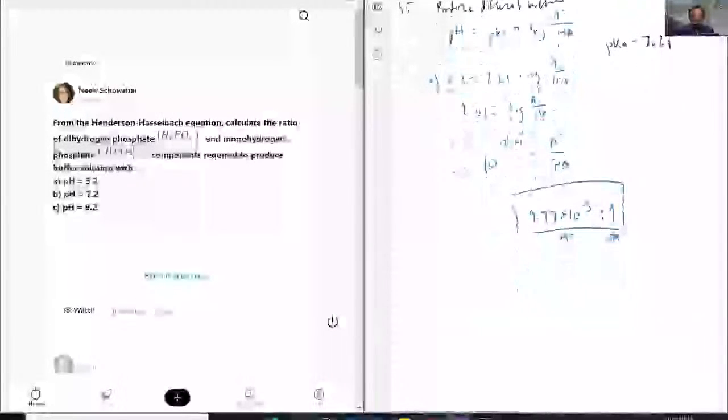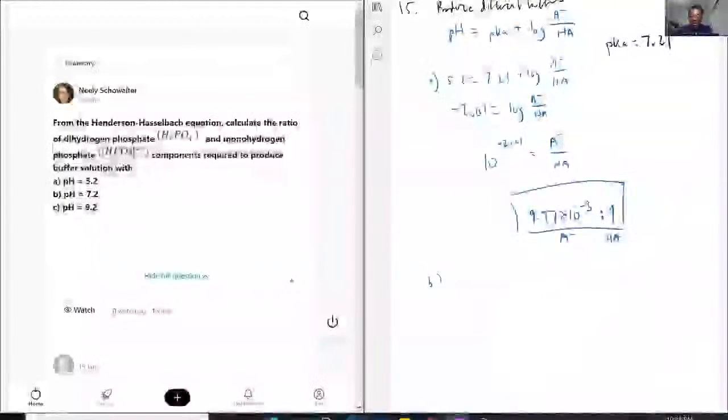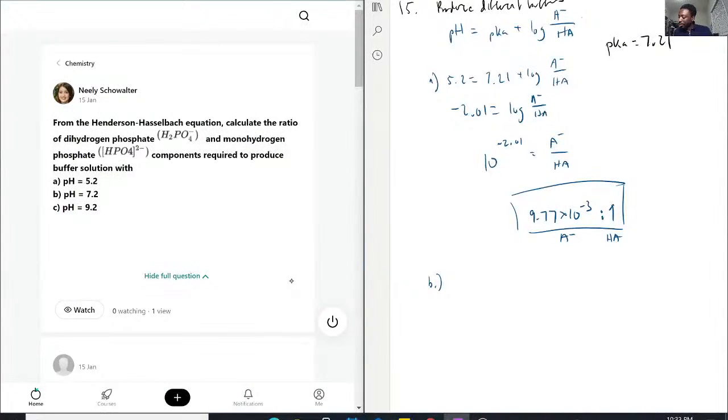So now 7.2, okay? We have B, same thing really. We can take all those steps, but in the end, 7.2 minus 7.21 gives negative 0.01. And that's the difference there, okay? And if we did 10 to the power of that answer, negative 0.01, we have a much closer relationship here.